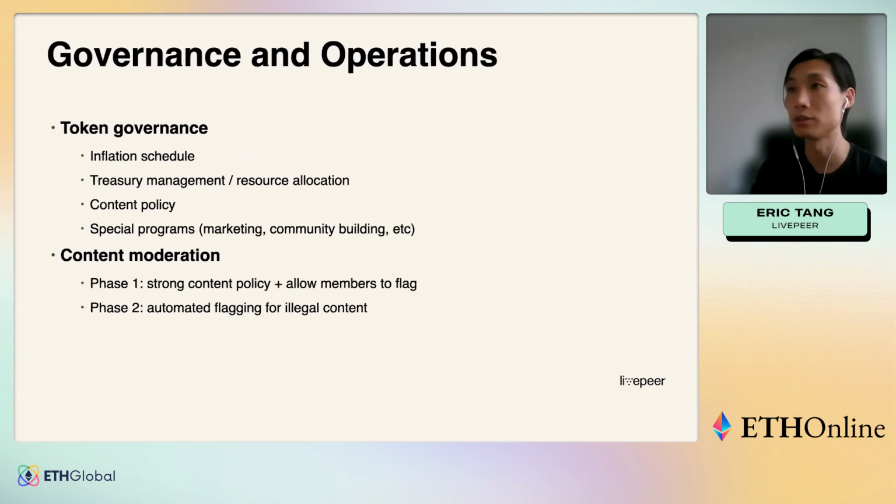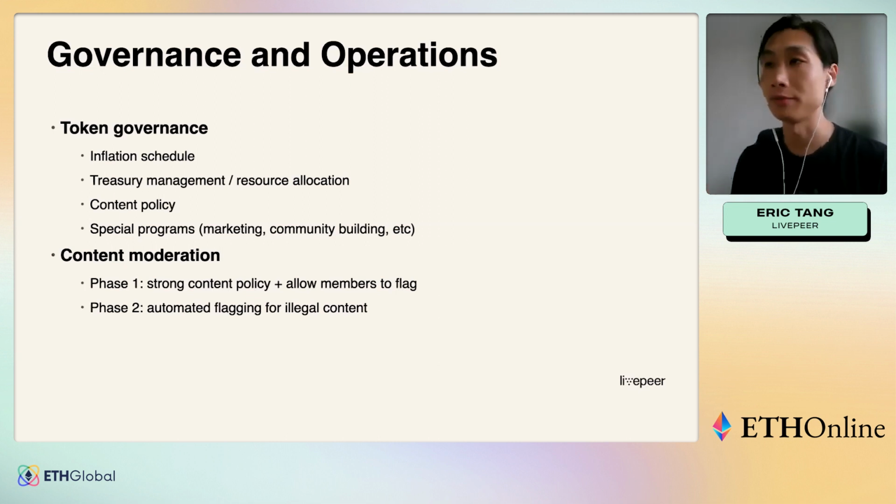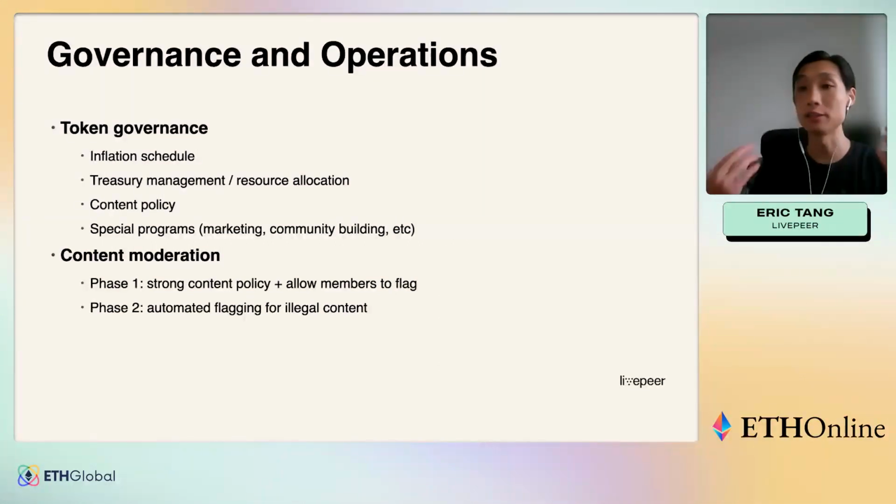I'm going to jump forward and talk about governance and operations. Governance is an important aspect for any token incentivized communities, right? Because it is important for the community to be able to get together and make important decisions for the community, and that's the cornerstone of a community-owned platform, right?